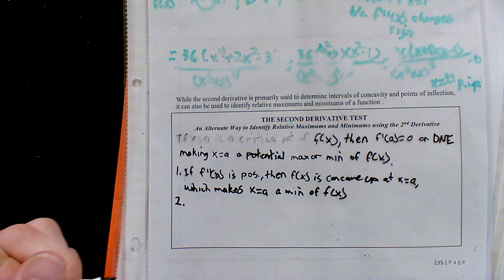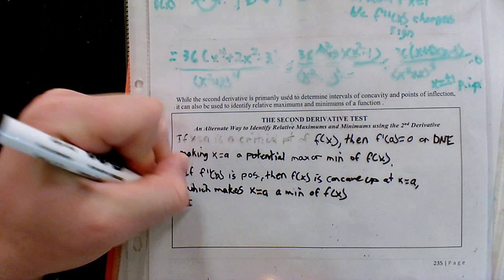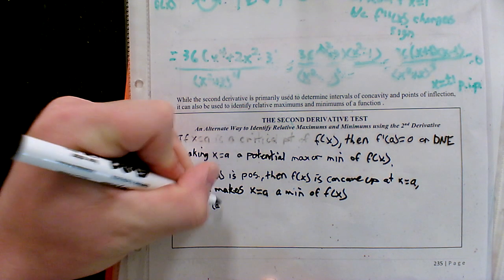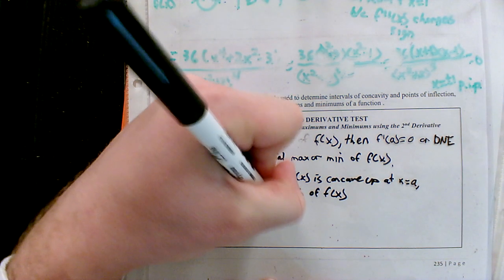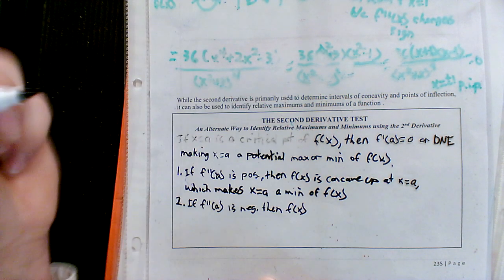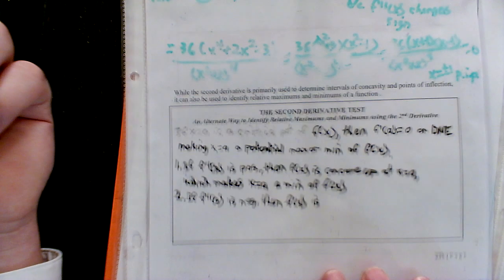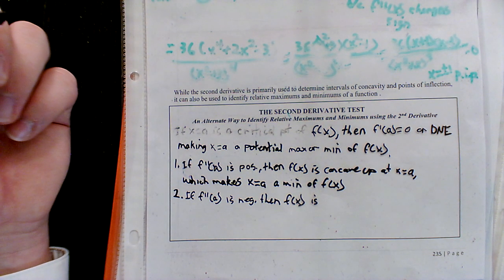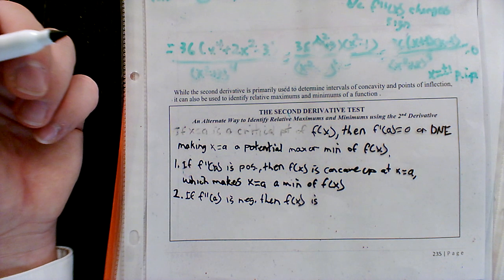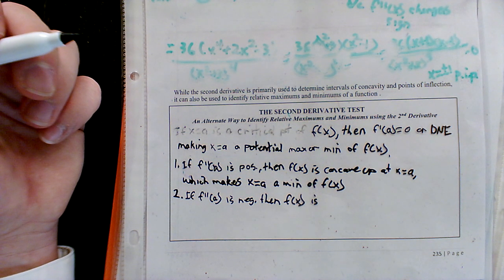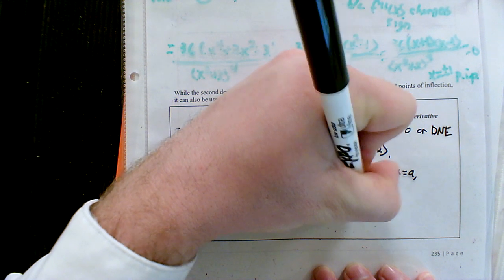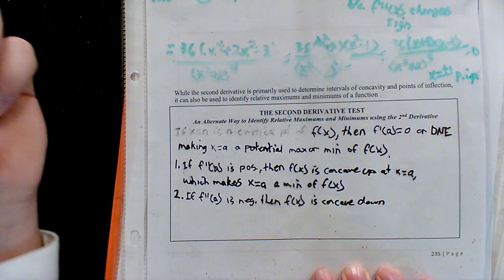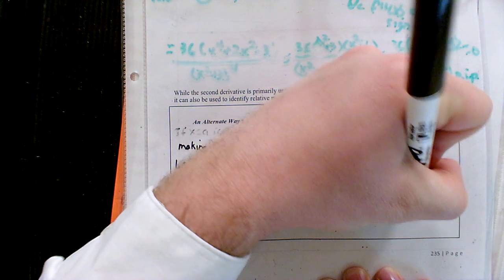All right. Second statement. If f double prime of a is negative, then f of x is what? If the second derivative is negative, the original is concave down at x equals a.